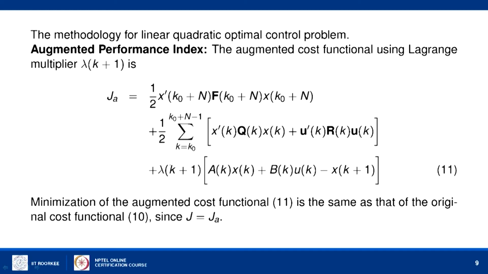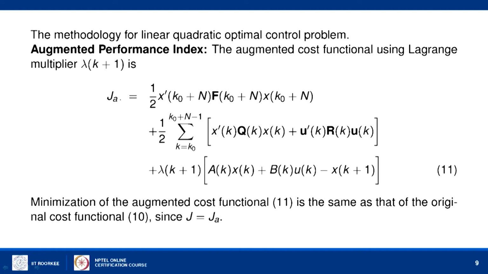When the optimal function x of k is minimizing J as well as satisfying the constraint, the final term, this last bracket, is anyway going to be 0 because it will satisfy the constraint.